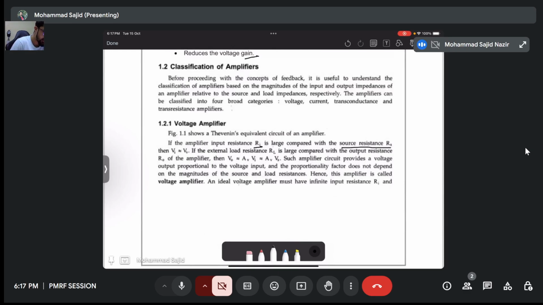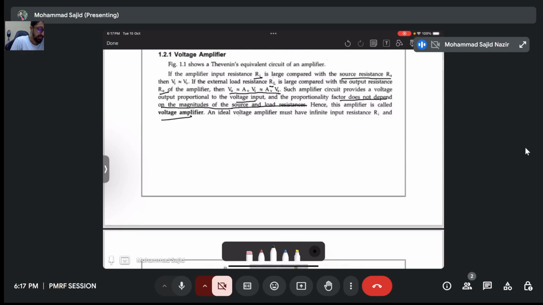If the external load resistance RL is large compared with the output resistance R0 of the amplifier, then V0 is equal to AVi and AVs. Such an amplifier provides a voltage output proportional to the voltage input, and the proportionality factor does not depend on the magnitudes of the source and load resistance. Hence, this amplifier is called a voltage amplifier.